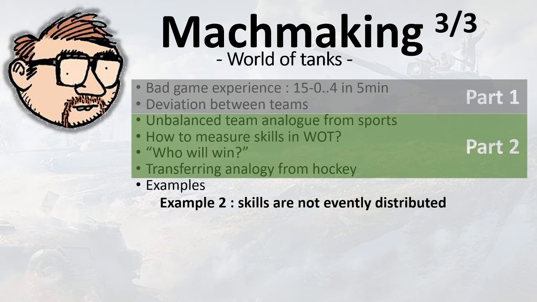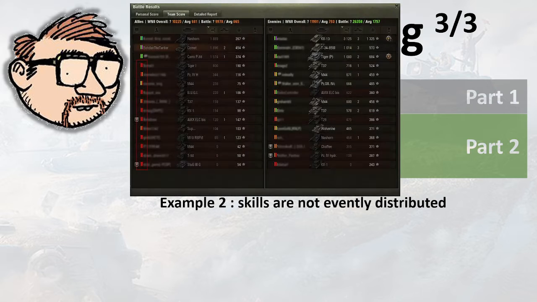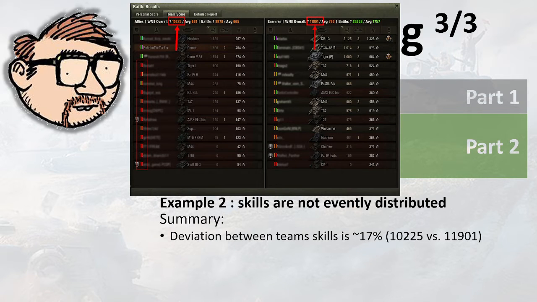Let's take a look at another example. In this example battle result, the skills are not evenly distributed. When we look at the deviation between these team skills, it's a little bit lower than the previous one, 17%, but the gap is much smaller, to be honest.